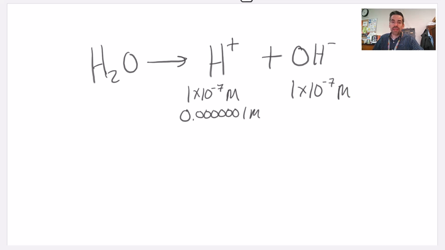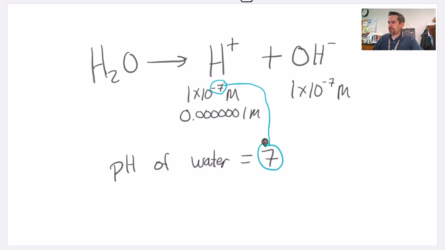As we know, the pH of pure water is seven, right? And so you might be able to see that there's a link right here. This -7 is associated with the pH of 7.